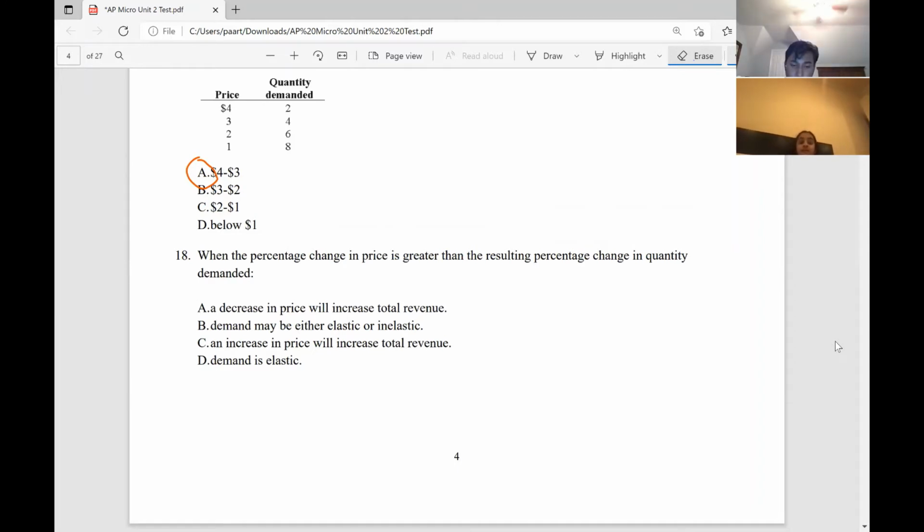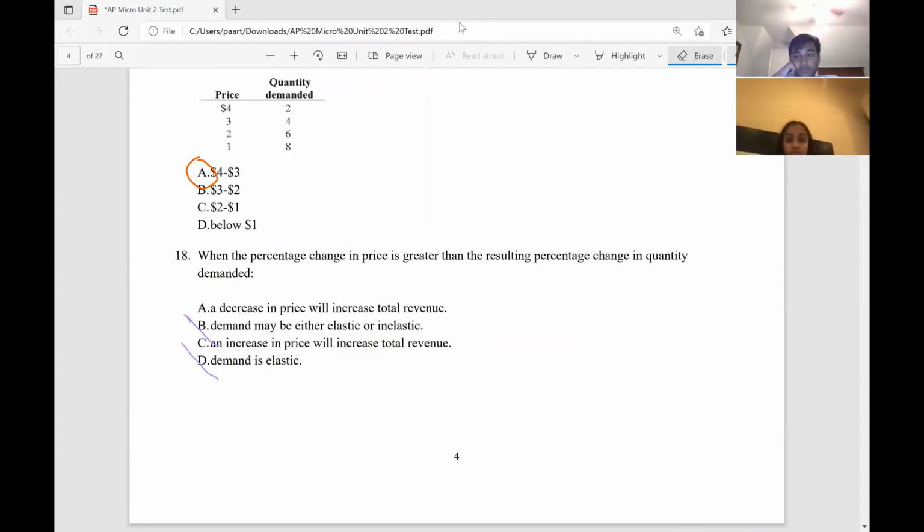But if the percent change for quantity demanded is small compared with the percent change for price, that means it is highly inelastic. Because here they said the percent change for price is greater than the resulting percent change in quantity, we know this situation is inelastic. So we could just eliminate B and D because it's obviously not elastic.